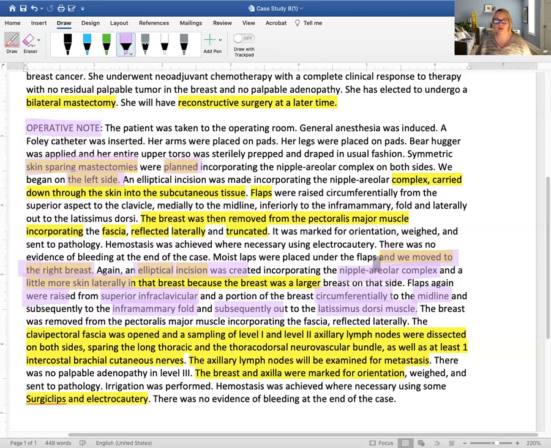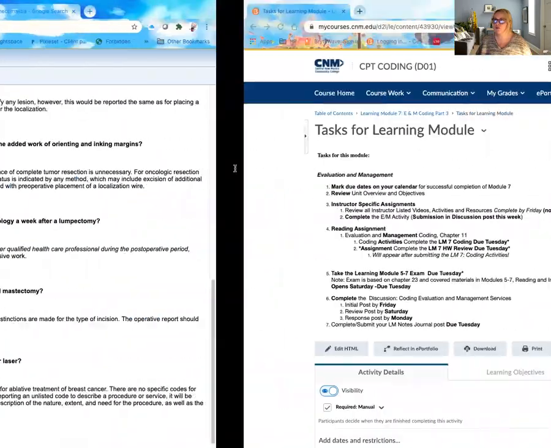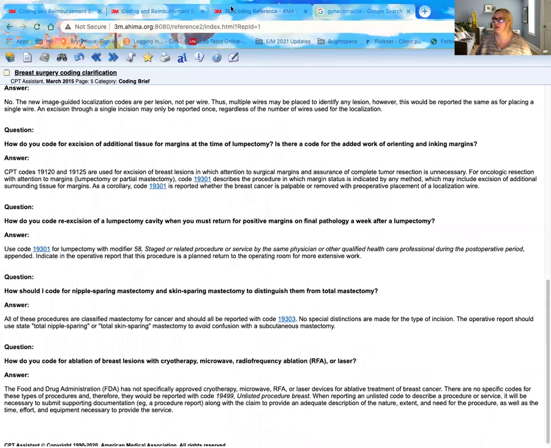Now, if any of these terms include something like, remember, we are looking for the pectoralis major muscle because it cannot be included in code 19, what did we have?